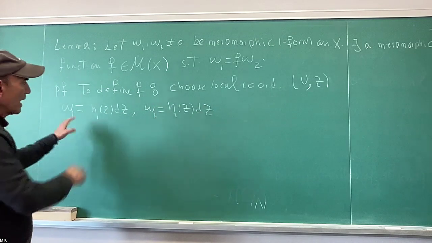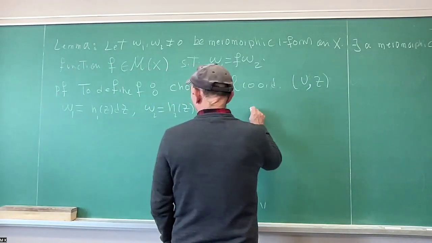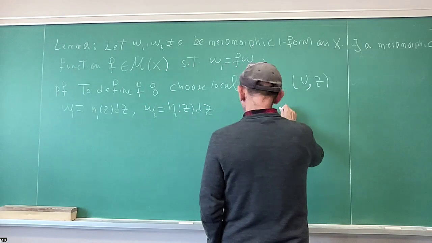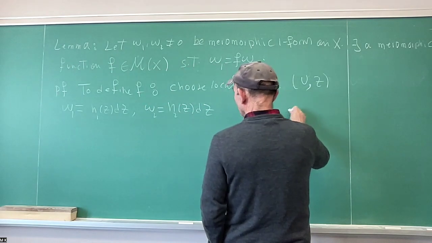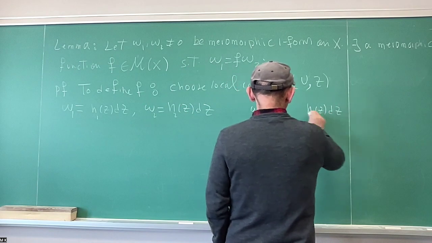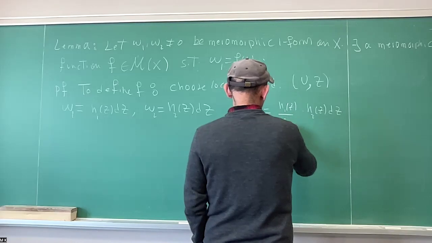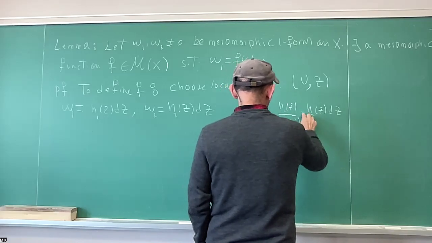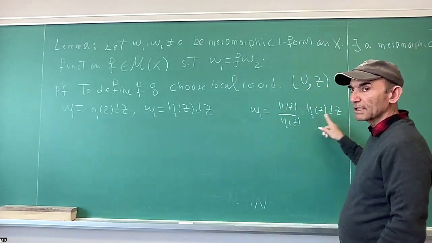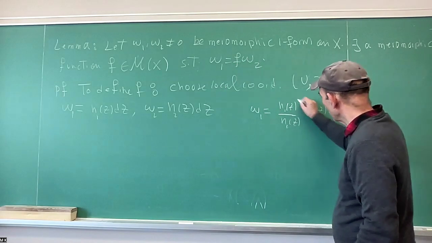Now you notice that in that local coordinate, I can write omega 1 equal to h2 of z dz times h1 of z over h2 of z. They cancel. This is non-zero because omega 2 is non-zero, and so I declare this to be my f.